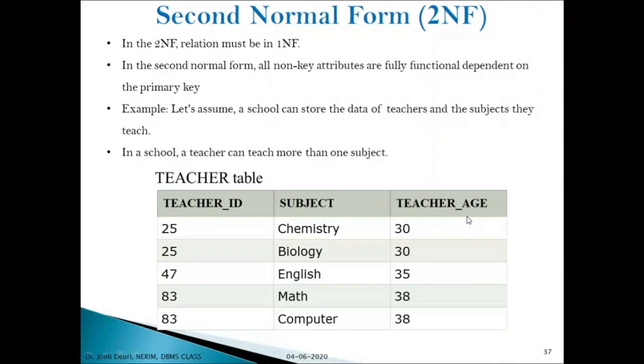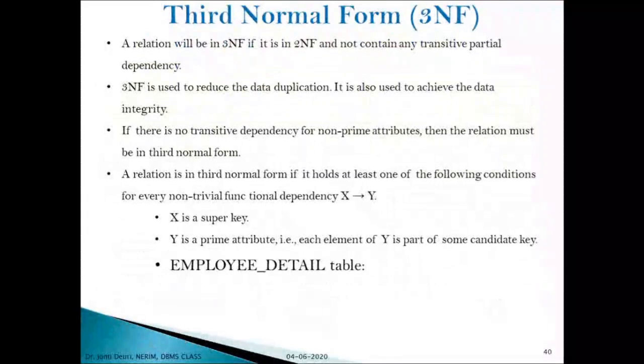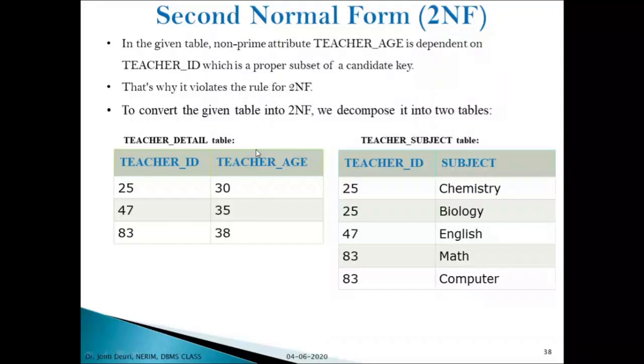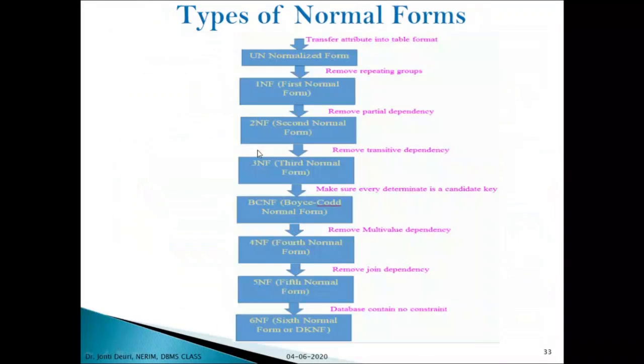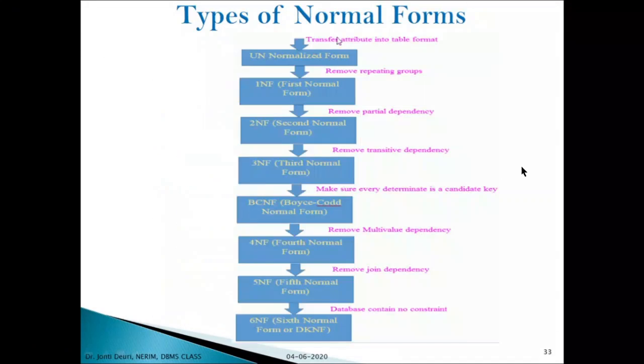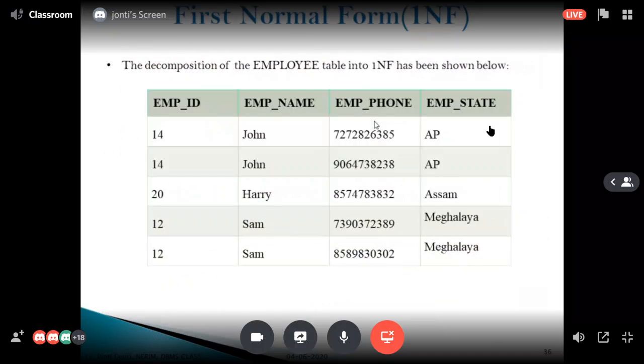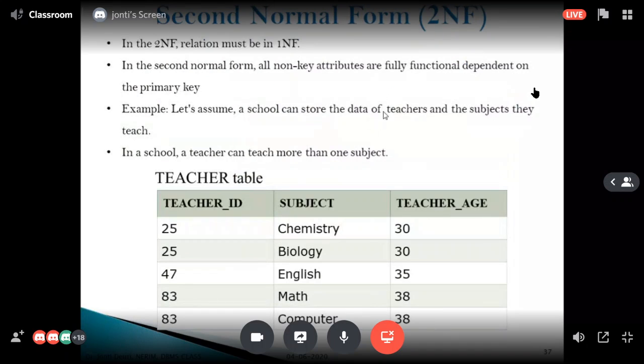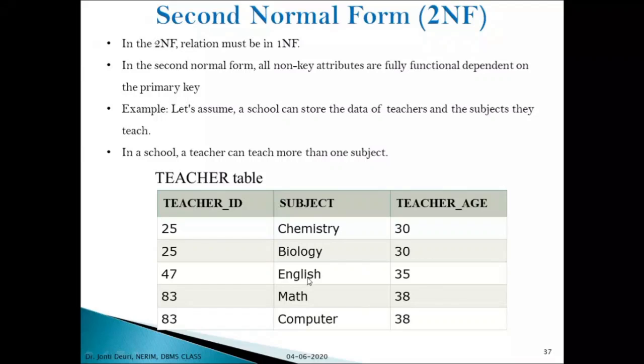So these are the first normal form and second normal form. Then we are coming to the third normal form. Before going to third normal form, first and second normal form, are you clear for these two?